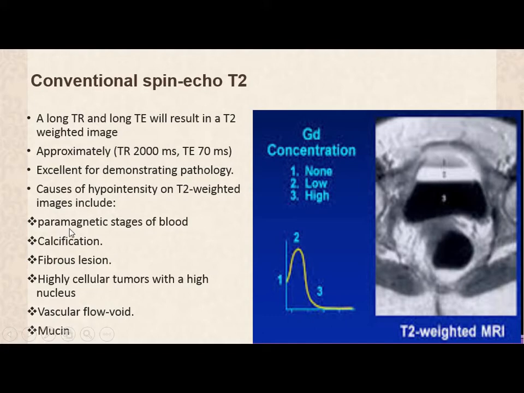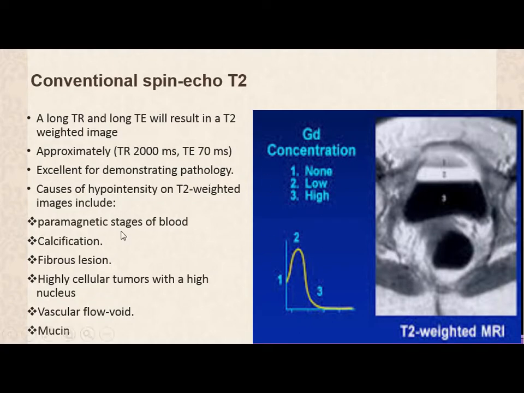paramagnetic stage of blood, calcifications, fibrous lesions can appear hyperintense on T2, highly cellular tumors with high nucleus to cytoplasm ratio, vascular flow void, and mucin. Sorry, these are causes of hypointense on T2, things that appear dark on T2, not bright, dark on T2, okay?